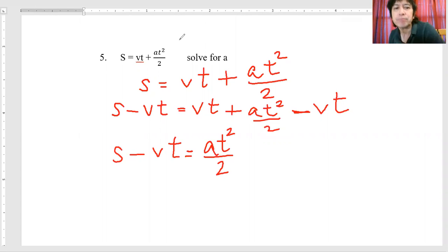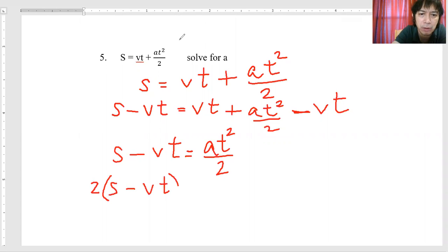What you need to do is multiply both sides by the 2, because we need to move the 2 and the t squared. So what you do next is times 2. S minus vt times 2. And also the right side times 2.